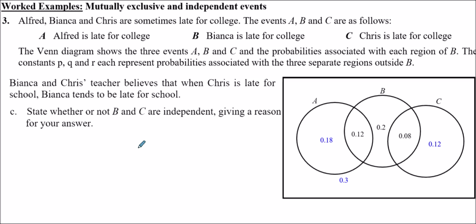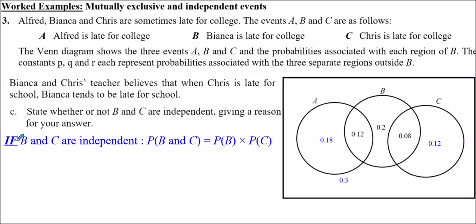Part C says state whether or not B and C are independent, giving a reason for your answer. Well, using the independence rule, big if, because you've not proved it yet, if B and C are independent, the probability of B and C will be the probability of B multiplied by the probability of C. So what we need to do here is think about what B and C means.